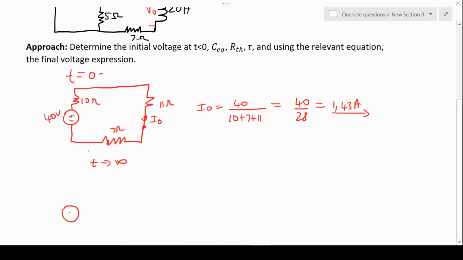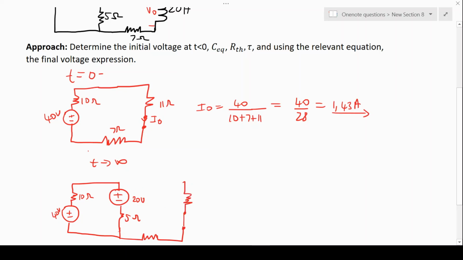So we will have the voltage source connected to the 10 ohm resistor, the 20 volt source connected to the 5 ohm resistor, and then we're going to have the 7 ohm, the inductor, which is a short circuit, and the 11 ohm connected resistor.